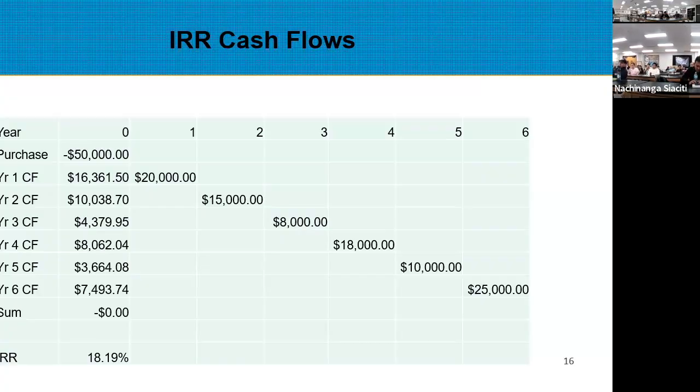So for the first year, obviously, it raises the first power. And you continue on down. And when you get done with this, your sum comes out to be 0. And you have, on this particular investment, an 18% rate of return.